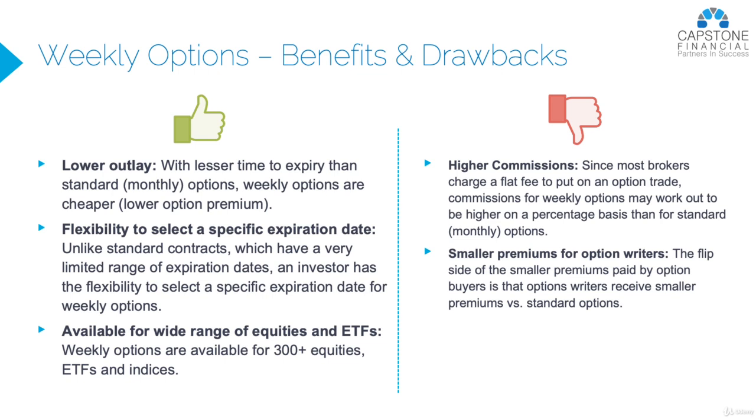And if you look at the math behind selling a weekly versus a monthly, you will see that you are going to get a higher rate of return doing weeklies. However, when you sell the monthlies or the quarterlies, there's a higher likelihood that you are going to eventually have to either sell the stock or make an adjustment because you are now in a losing position.